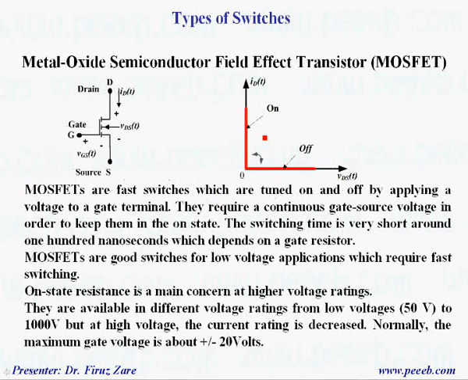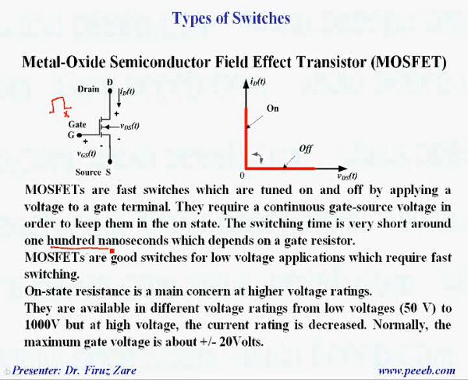Let's concentrate on control switches. MOSFET is a control switch. That means we can turn on the switch by applying a gate signal, and it is voltage controlled, and when we remove the gate signal, the MOSFET turns off. So MOSFET is a very fast switch, and turn-on and turn-off times are very short. It can be around 100 nanoseconds.